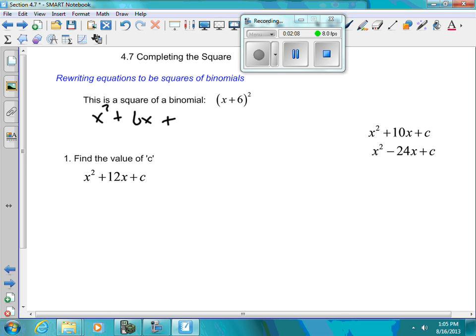In order for something to be a perfect square trinomial, it's going to be of this form: x squared plus bx plus b over 2 squared. So in other words, c is found by taking b, cutting it in half, and squaring it. That's how we make a perfect square trinomial. So the formula we're looking for is c equals b over 2 squared.